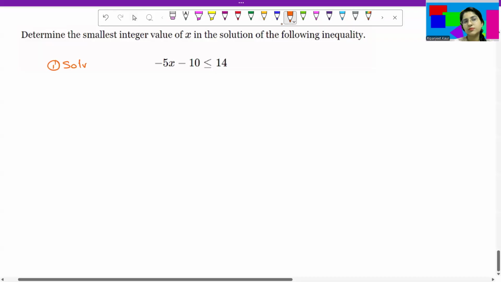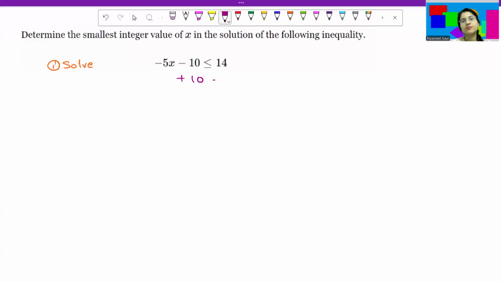We will do plus 12 because it's minus 12. That's right. So negative 5x is less than or equal to 24. Now, negative 5x divided by negative 5, same to the other side.